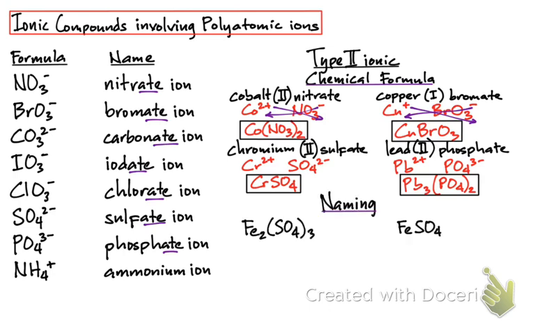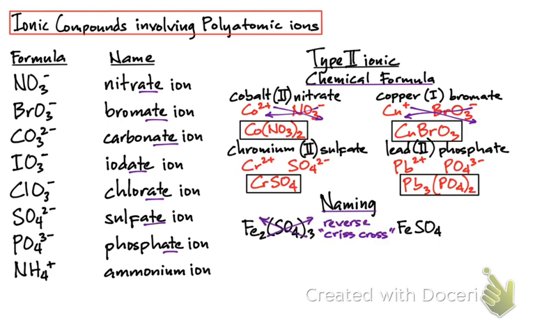All right, what about coming up with the chemical name? Let's say we have Fe2(SO4)3. All right, so whenever you're naming a type II ionic compound, you would have to, again, reverse the crisscross and make sure that the anion has the correct charge.